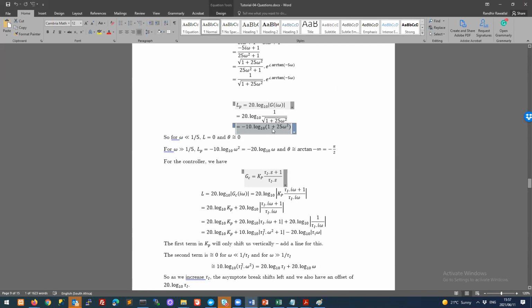So you would say, when omega is a very small number, then this thing here is approximately 1. If omega is close to 0, then this term is small in comparison with 1. So this is log of 1.